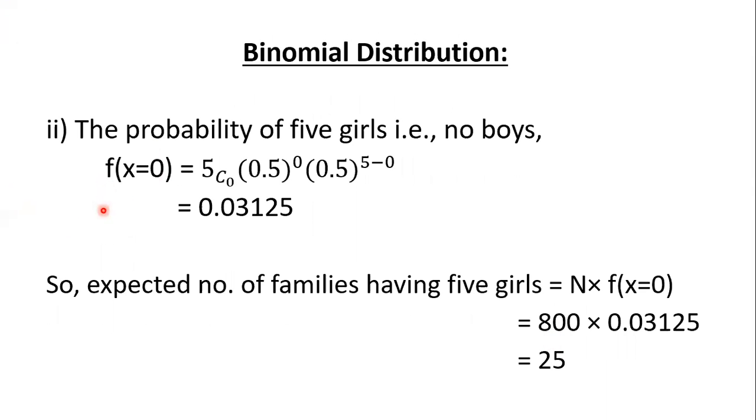Dear cadets, the question Roman 2. The probability of 5 girls, that is no boys, all are girls.